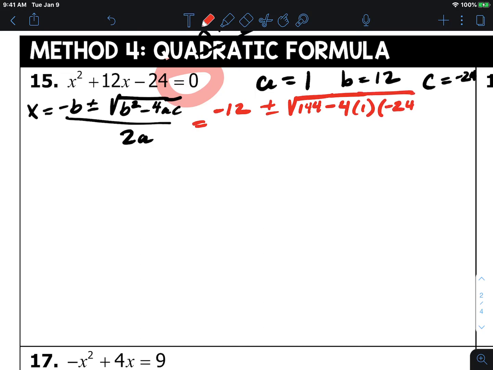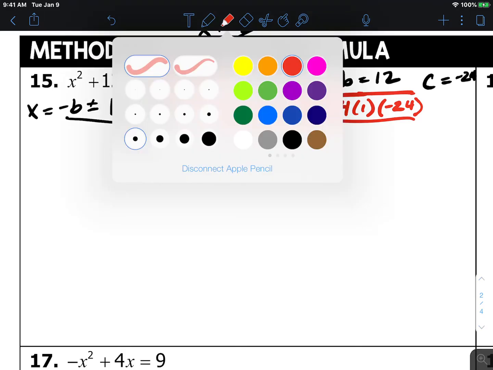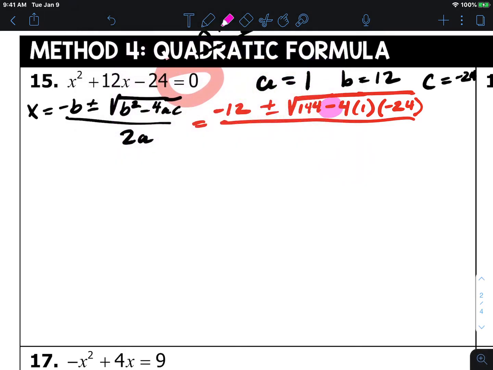All right. Right off the bat, if we end up getting a negative inside the square root sign, we are going to stop the problem and just say we can't do it because it would be an imaginary solution. But what I notice right away is that negative and that negative will make this a plus. So I'm going to be adding whatever 4 times 24 is, which I think is 96.